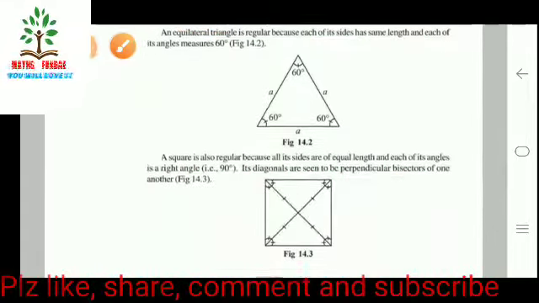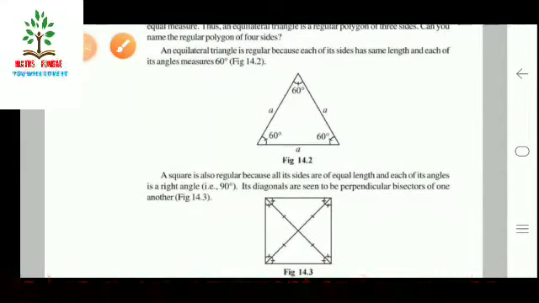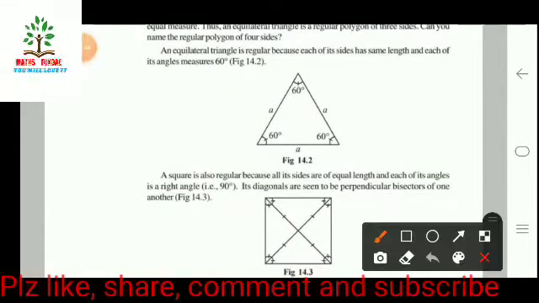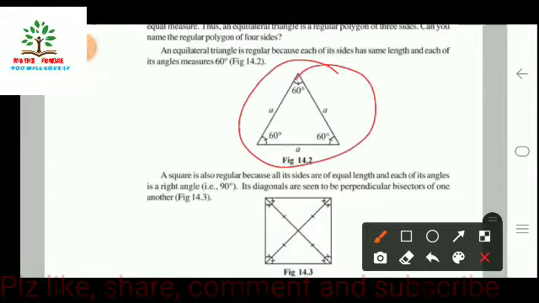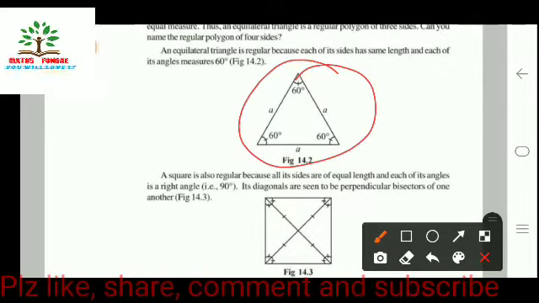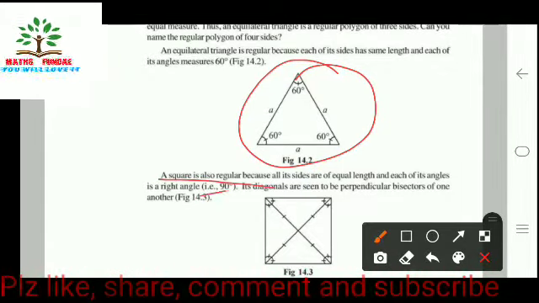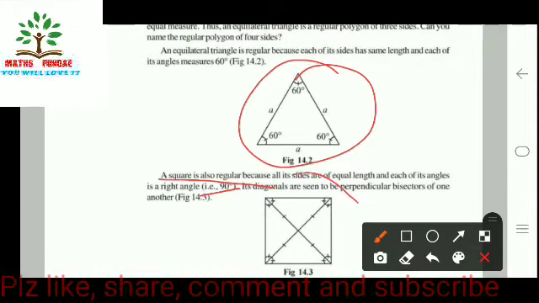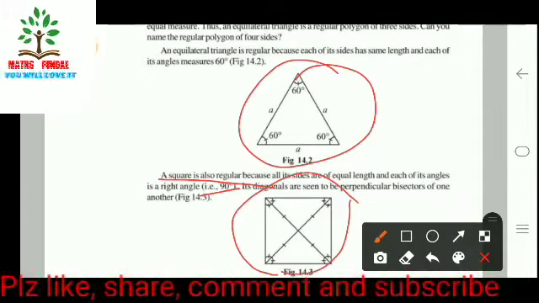So this is our equilateral triangle with all the sides equal and all the angles equal. The square is regular if all angles are 90 degrees and all the sides are equal. So this is a regular figure.